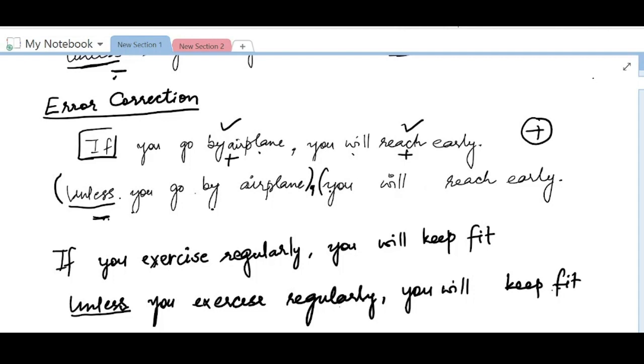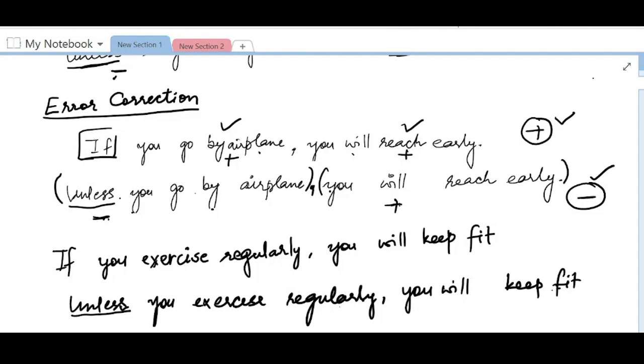You will reach early is positive because I'm not using any negation word. So minus plus minus. It means my answer sentence is not matching my question sentence, and I am sure that I am making some kind of a mistake here in my answer. So let's find out how to correct my sentence.